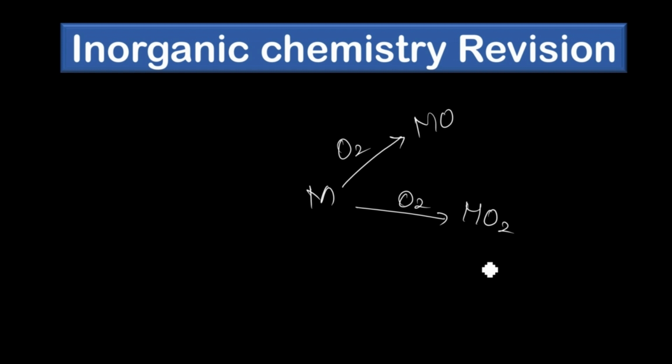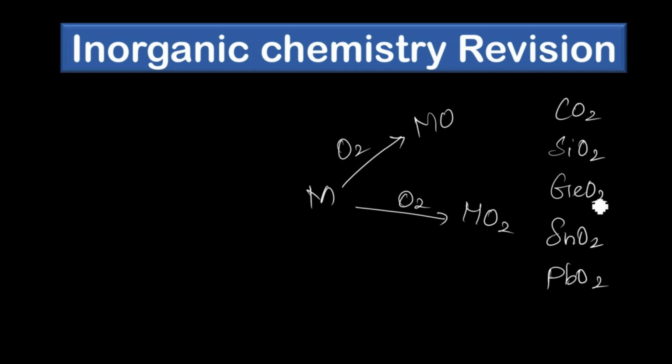The dioxides, if I'm taking CO2, SiO2, GeO2, SnO2, PbO2, the question can be asked in the way, which of these are acidic in nature? Okay, so these two are acidic, these two are amphoteric and this is basic.